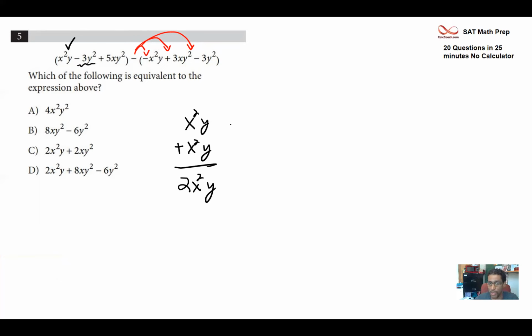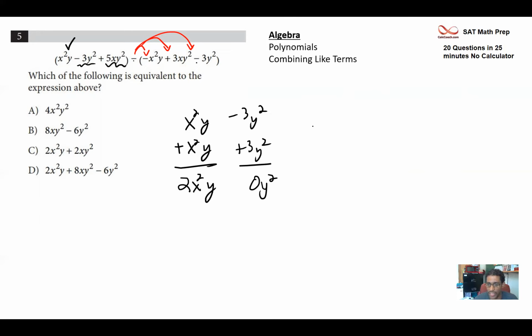We have a minus 3y squared from the first term, and then a minus is a plus 3y squared from the second term. So there are no y squares. We're just combining like terms, that's all. And now we have a 5xy squared from the first term plus, oh wait, this is a minus times a plus.